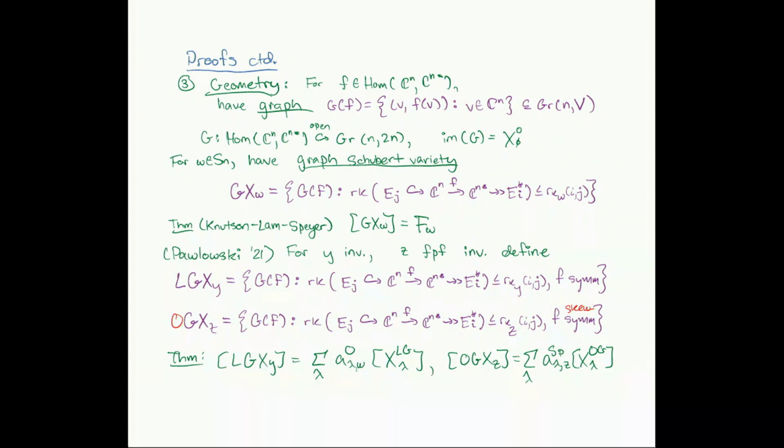So for your flag, you can embed the jth part of your flag into Cn, apply F, restrict to the ith part, and you can ask what is the rank of that map. And that should satisfy the same sort of rank conditions that we've been seeing all week. And it's a theorem of Knudsen, Lamb, and Spire that the class of this is a Stanley symmetric function.